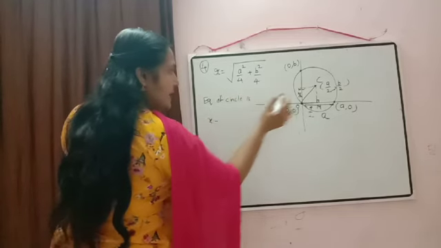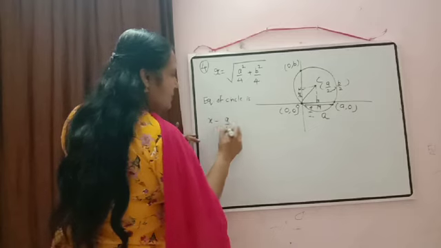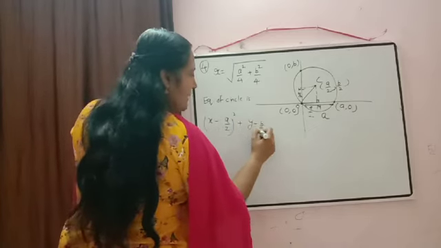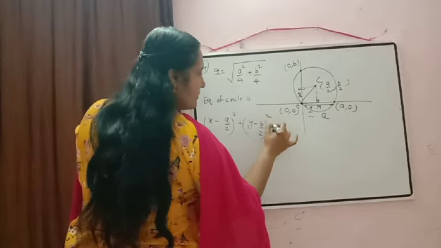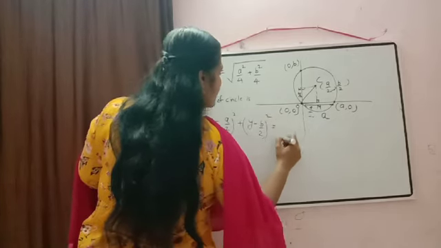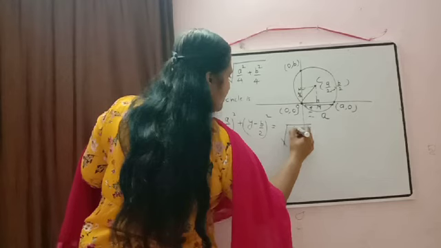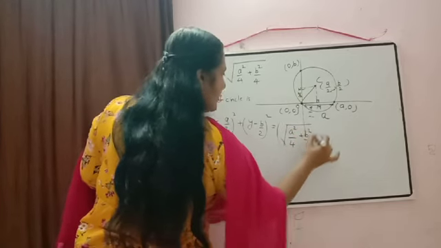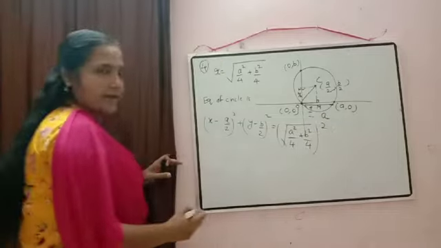Our center is a by 2, b by 2. So (x minus a by 2) the whole square plus (y minus b by 2) the whole square is equal to r square, that is, the square root of a square by 4 plus b square by 4, the whole square.